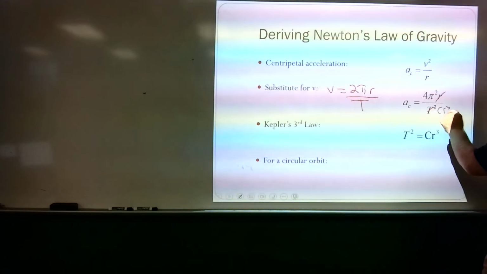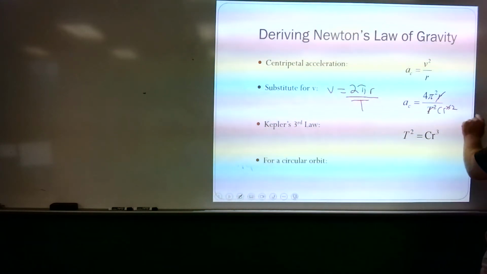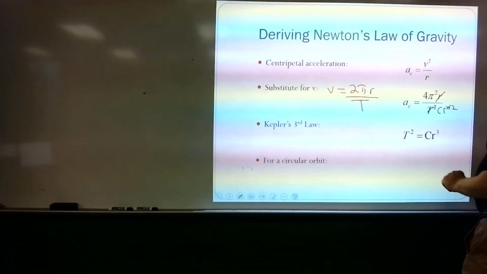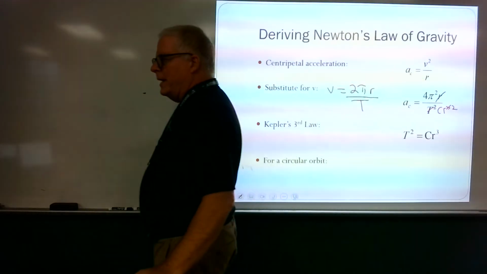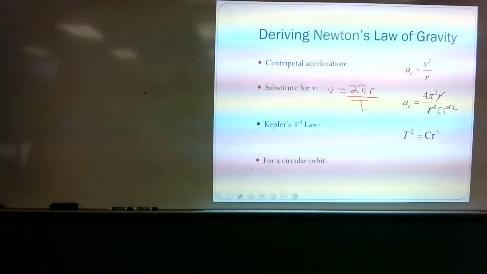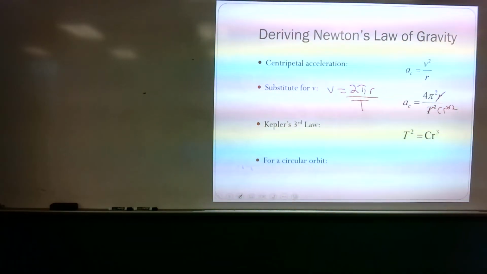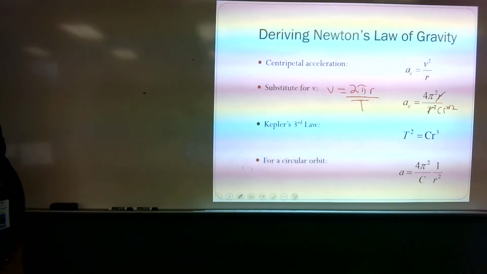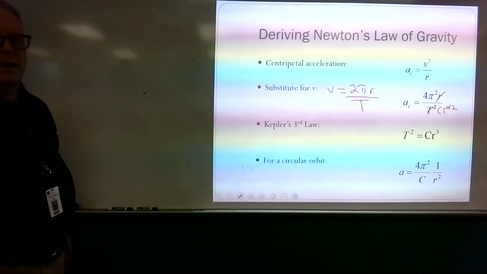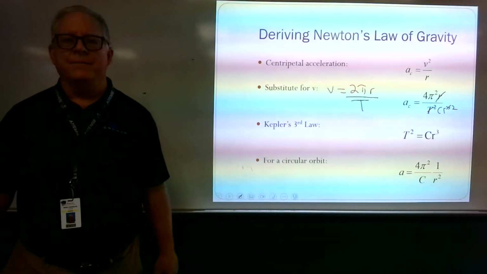And this r will cancel with one of these, making it r squared. And so what we're left with is, for a circular orbit of a planet anyway, the acceleration is equal to 4 pi squared over c times 1 over r squared.